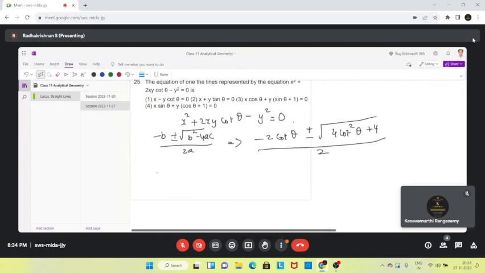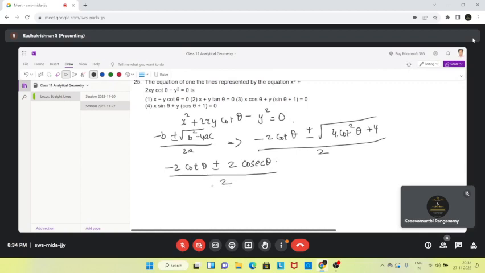So minus 2 cot theta plus or minus, we can take out 4 and square root of 4 is 2. And cot square theta plus 1 is cosecant square theta, so it will simply become cosecant theta.